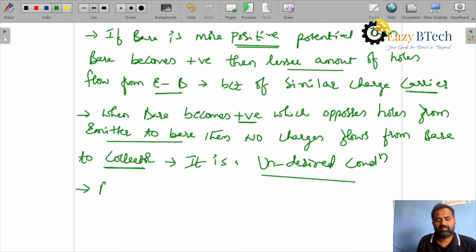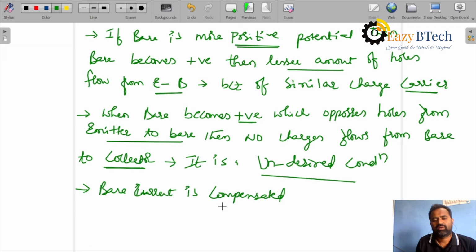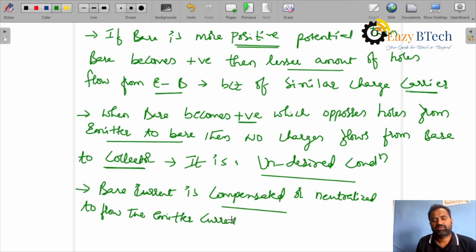That is the reason the base current is compensated or neutralized to flow the emitter current into the collector region.